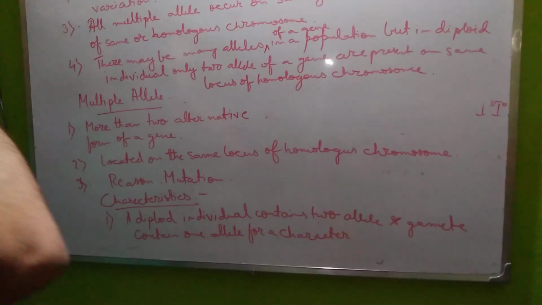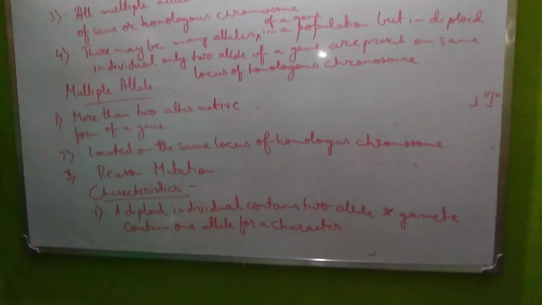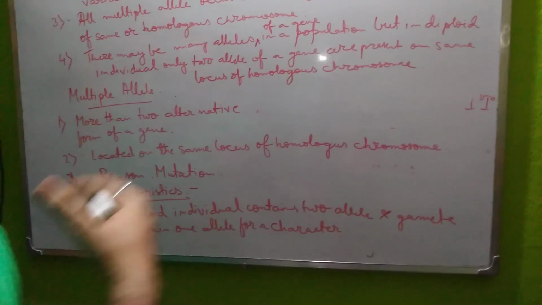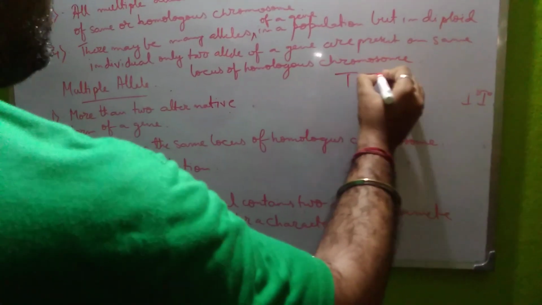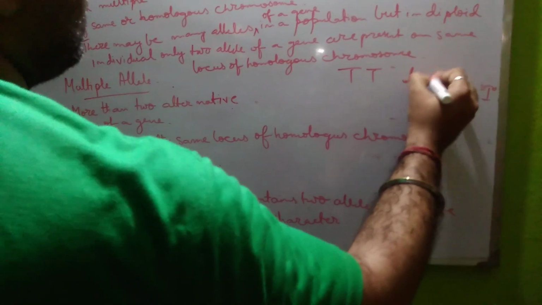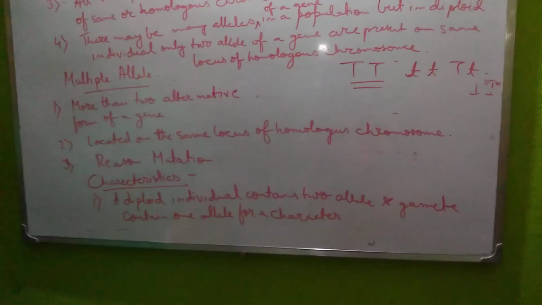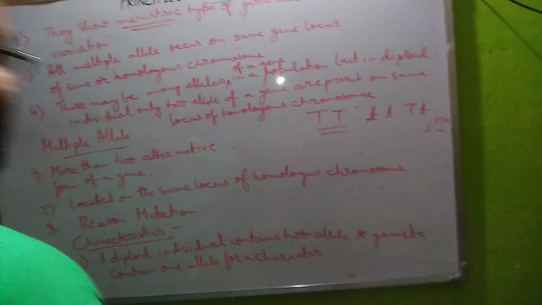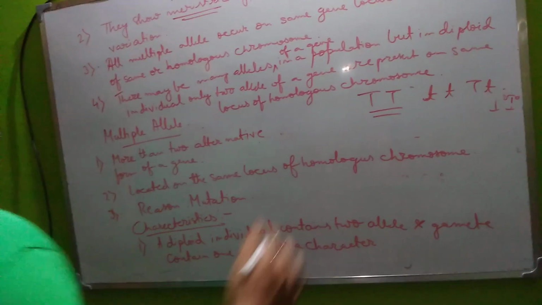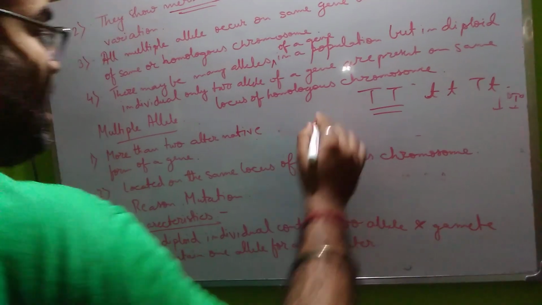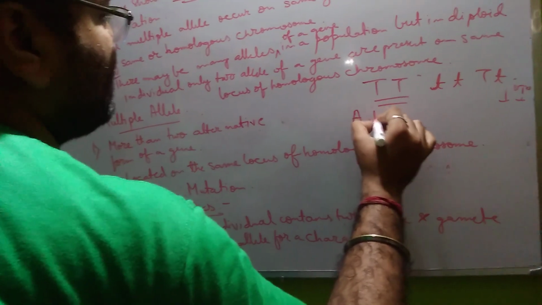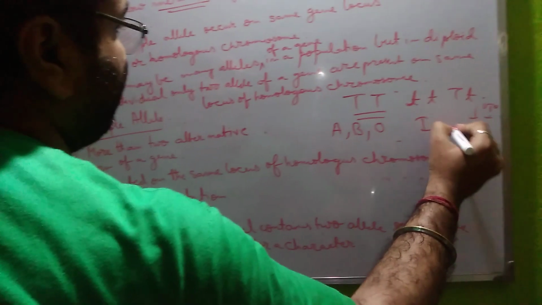Now see, more than two alternative forms of a gene. Till now I have said tall. These are the possibilities, means two alleles together represent a particular type of allele, that is tall. Now suppose blood group. How many alleles does a blood group have? I gene has 3 alleles.